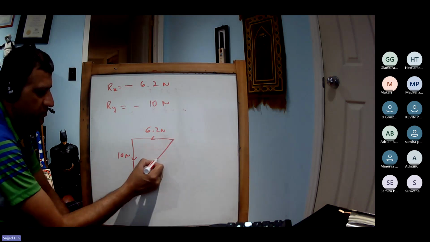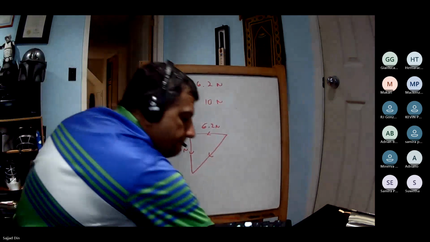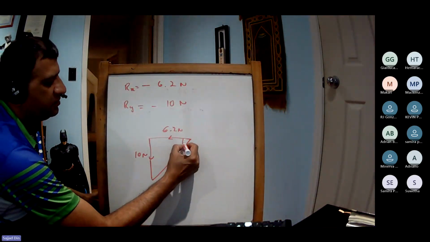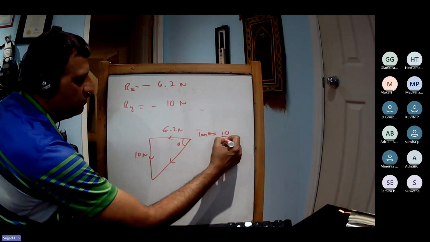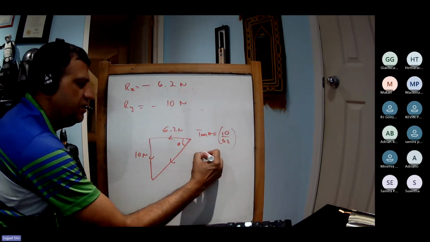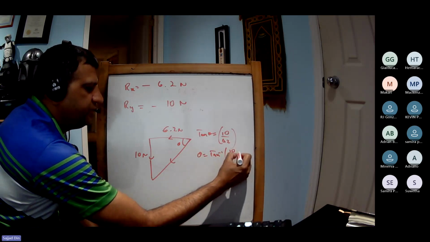So the resultant will be, then how do you calculate one of the angles? Tangent theta is equal to 10 over 6.2. So theta is just the inverse tangent of 10 over 6.2.